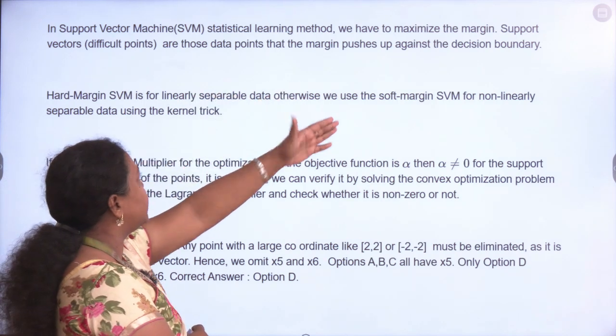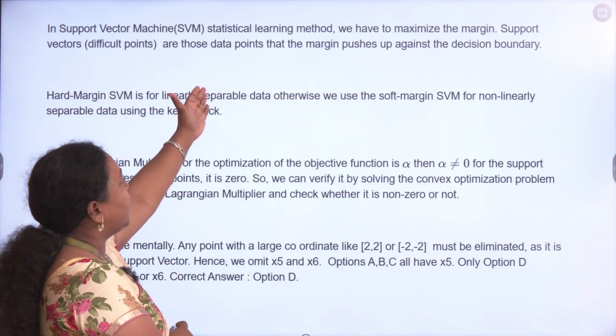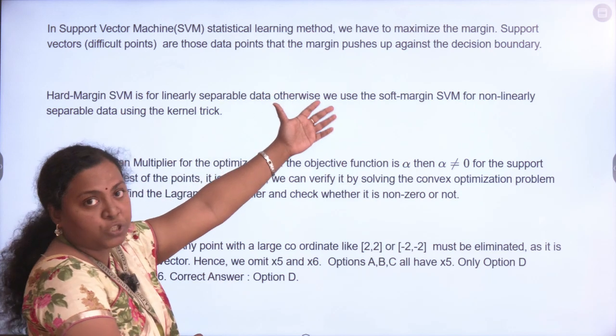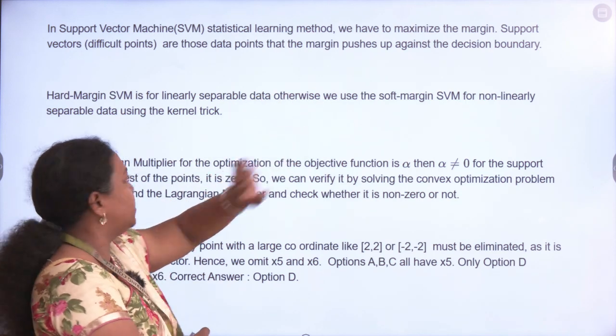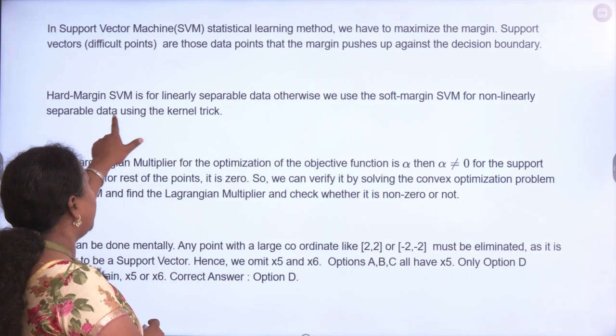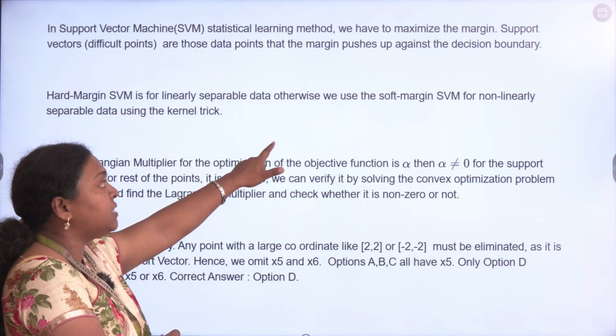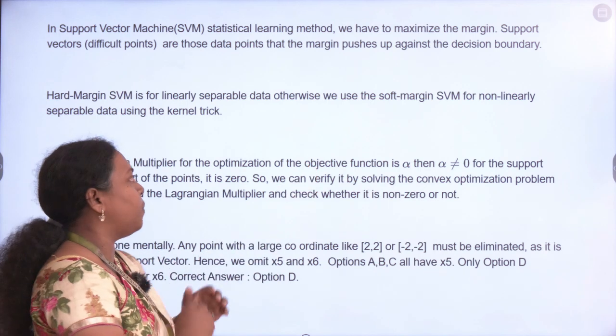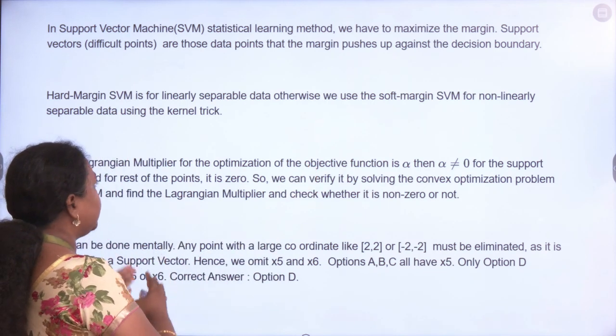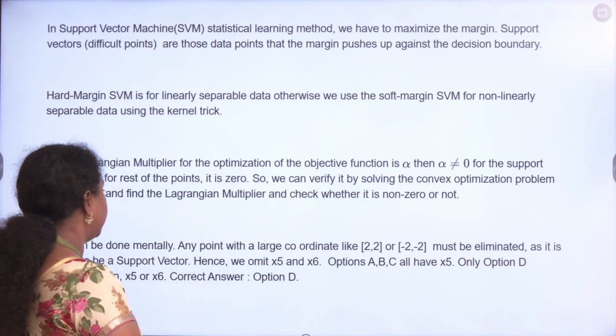We have to maximize the margin and find out which data points push the decision boundary. The hard margin SVM requires the data to be linearly separable, or else we have to use a soft margin SVM. So based on that, we are able to clearly distinguish it.